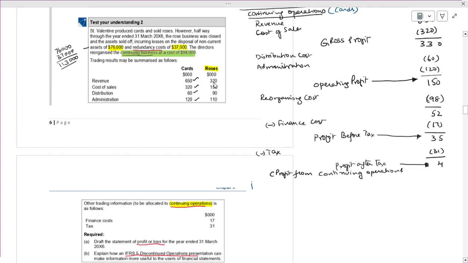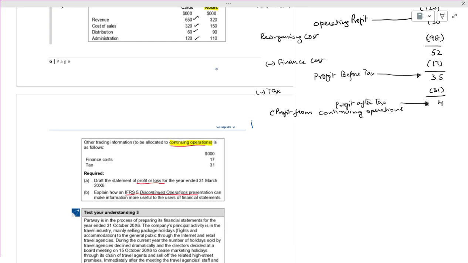Okay, we don't know. Profit or loss from discontinued operations. Is that profit and loss from discontinued operations?